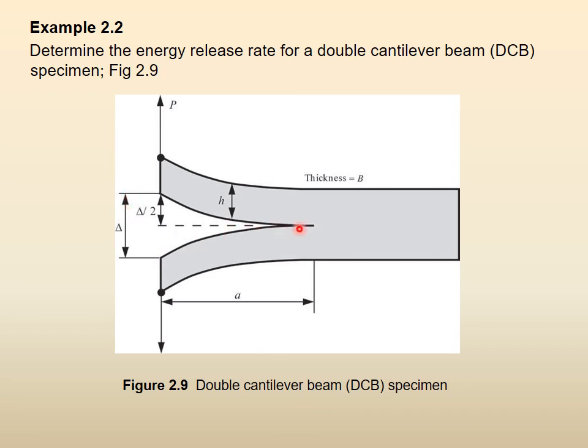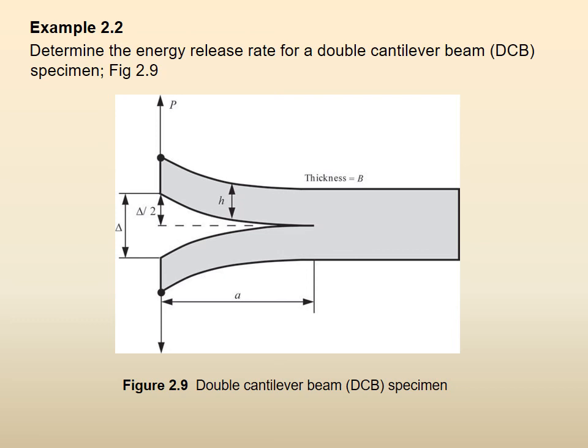So on that beam you apply a load P, and there is a deflection of delta by 2. You have the load P, the deflection delta by 2, the crack length A, the height H of the half beam, and the thickness B, which will still be there.